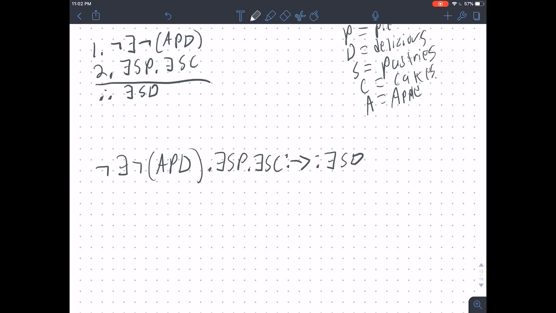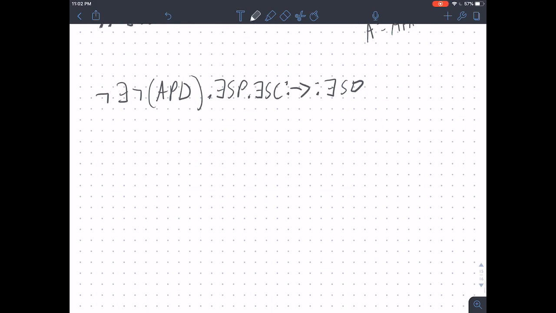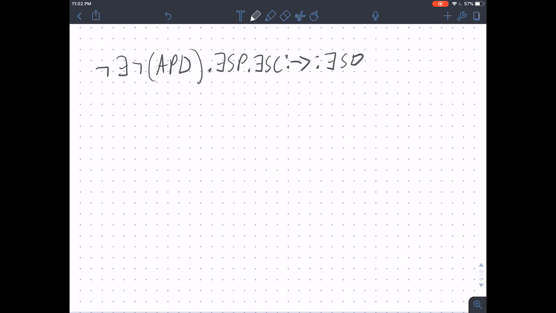Okay, so the first step, when we have something like this, we can't apply our test to this. This isn't an existential conditional. None of the laws that I just explained apply to this. So what we have to do is step one of our method of existential conditionals, which is to convert to CNF.